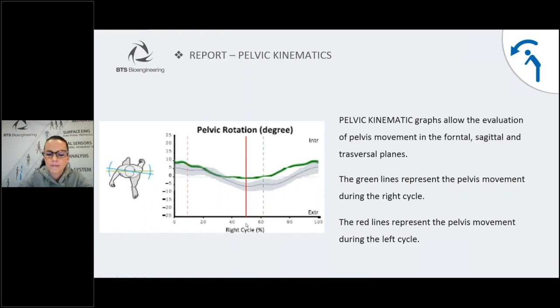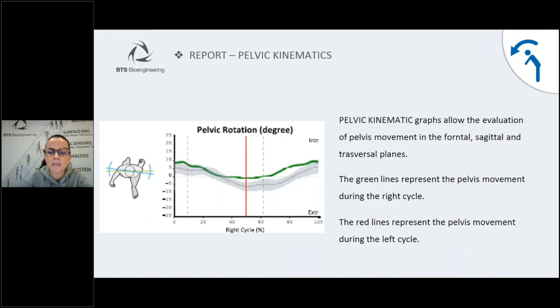Since the pelvis is a single bone, in order to understand its intra or extra rotation movement, it's necessary to fix the attention on one precise landmark.